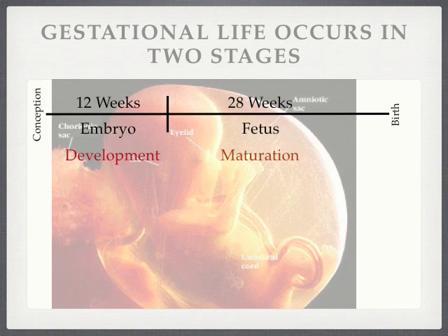Problems that occur more in this fetal stage, this last 28 weeks, tend to be relegated to just parts of the human body. Maybe an arm won't grow as long. It'll still look like an arm, but maybe it won't grow as long as it should be. Something like that.